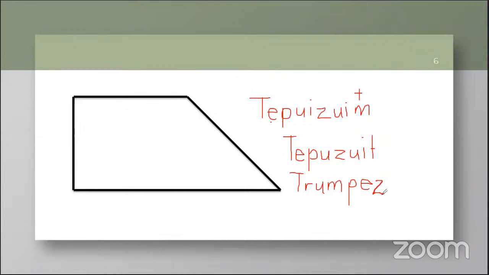U. U. I. Let me do this. I. Yes. And the last one is T. The last one is T. Trampazoit. Good.